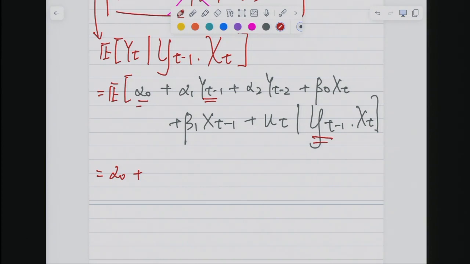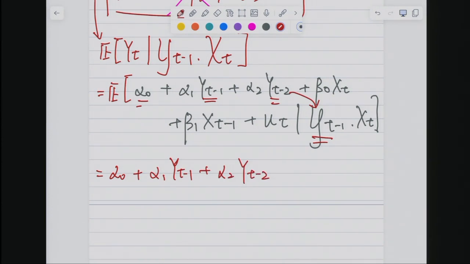The best prediction we can make about one variable, given that we have information for that variable, has to be the variable itself. So this is alpha 1 yt minus 1. And similarly, yt minus 2 is inside the curly yt minus 1. So this is alpha 2 yt minus 2.